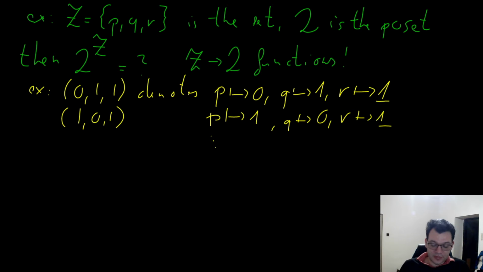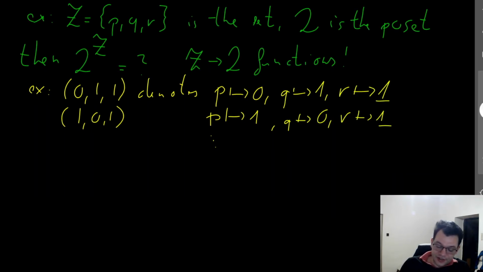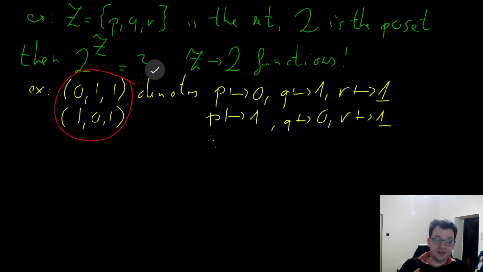Now, okay, so these are the members of the poset, but let's just see the ordering itself. Two functions are related if they are related on all the coordinates in the very same direction.